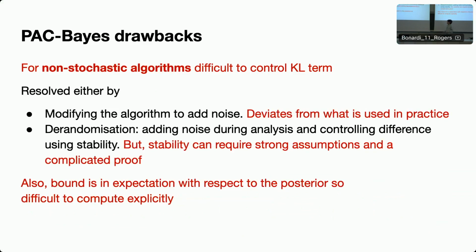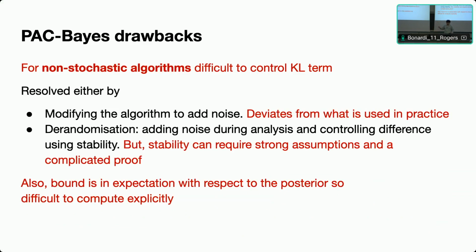However, they have some drawbacks, right? So for non-stochastic algorithms, they can be difficult to use because this KL term can be difficult to control, sometimes can be non-vacuous, or vacuous rather. And this can be resolved either by modifying the algorithm, injecting some more noise into it so you can control this, but this deviates from what's used in practice, right? You're modifying the algorithm.